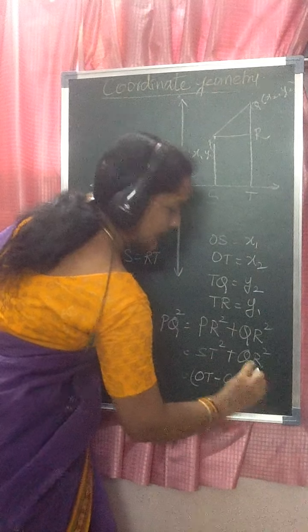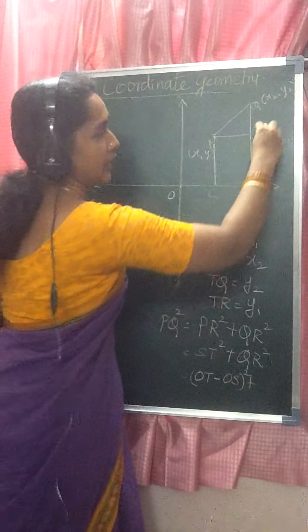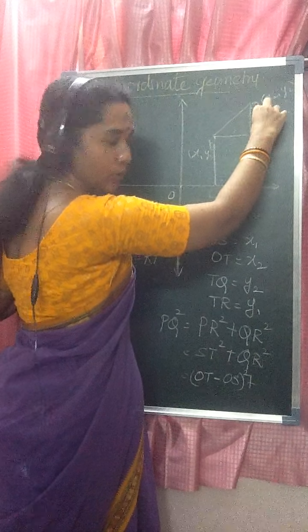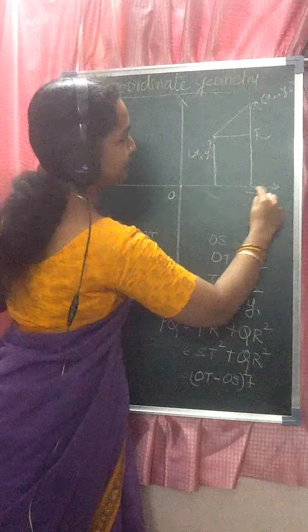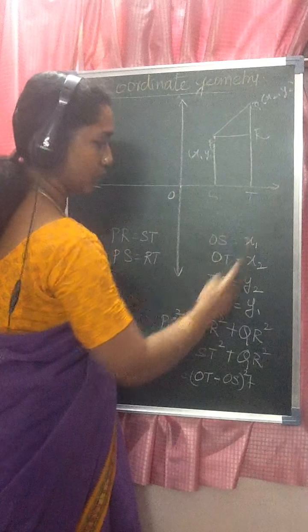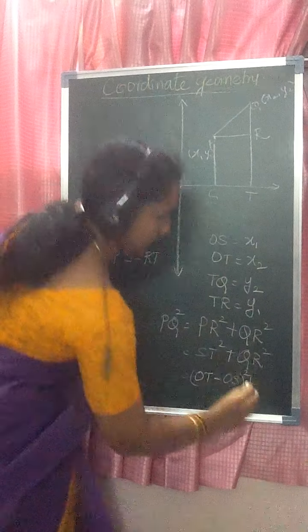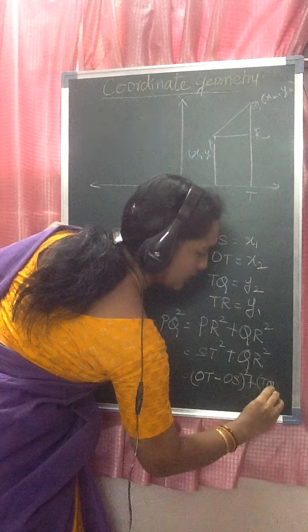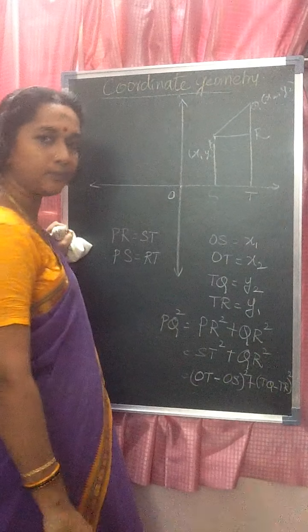In the same way, for QR I don't know the measurement, but I know QT, that is TQ. So it is TQ minus TR, the whole square.